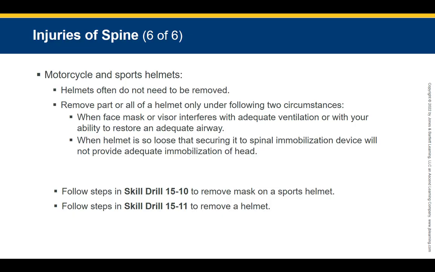However, it's six in one hand, half a dozen in the other. How bad is it? We don't really know until we get in there, right? It's an if this, then that. If that, then this. Typically speaking, the only time that we remove all or part of the helmet is when I can't breathe for them, they can't breathe for themselves, or I can't immobilize the head properly.